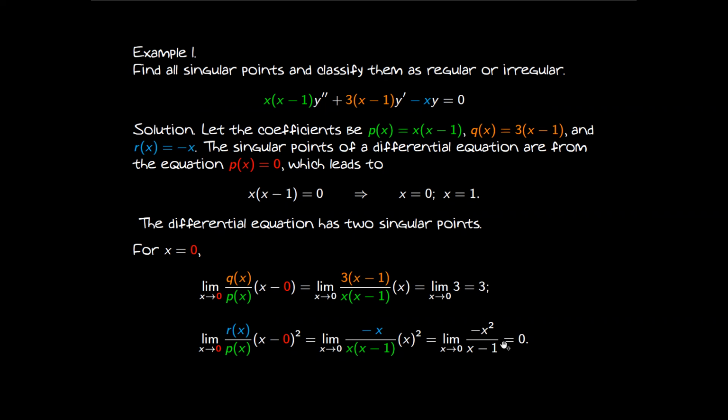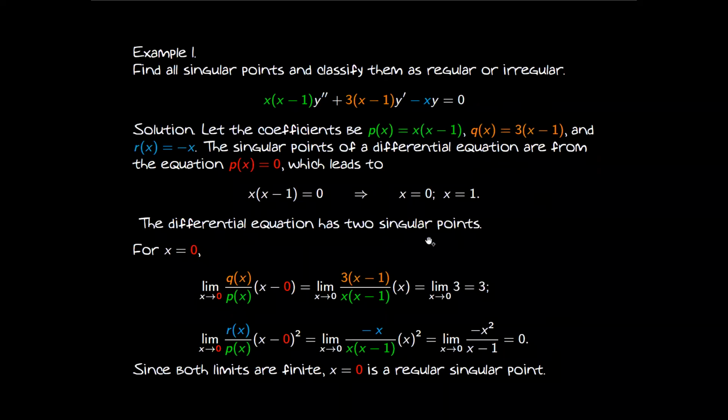Then you can simply evaluate this function. That will be the limit, and for this case, you're going to get 0. So for both limits, we get finite values. Therefore, we know the singular point x equal to 0 is a regular singular point.